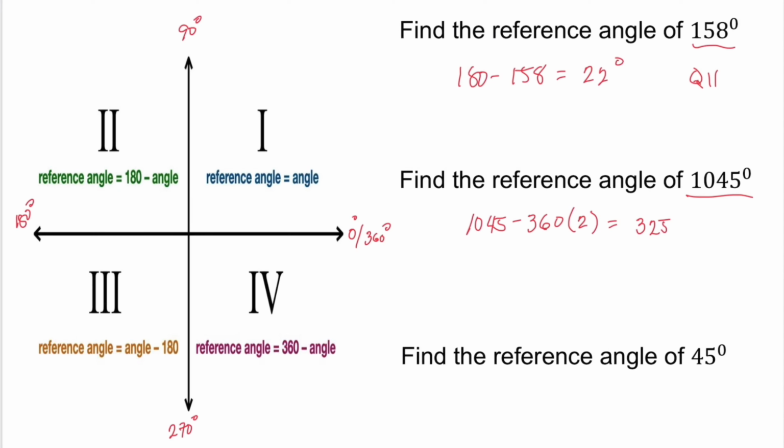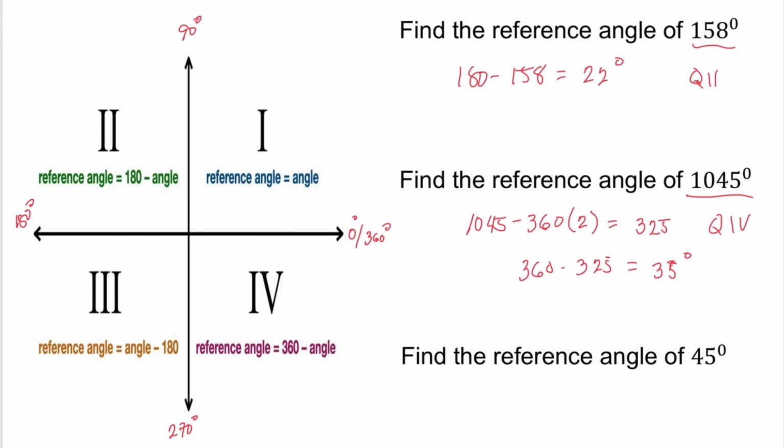So, ang 325 ay kabilang sa quadrant 4. So, sabi sa quadrant 4, reference angle is equal to 360 minus the angle. So, this is 360 minus 325. Magiging reference angle natin is 35 degrees.